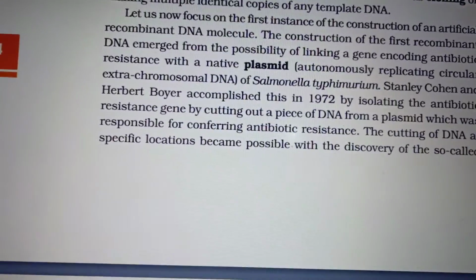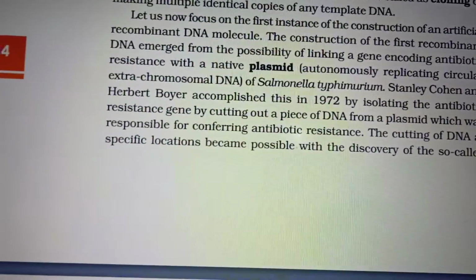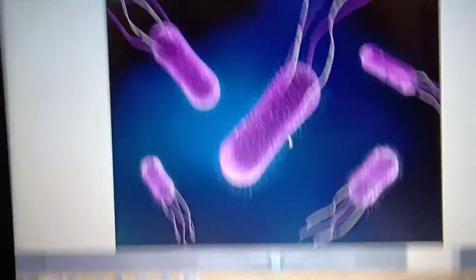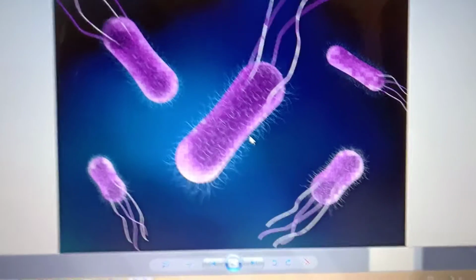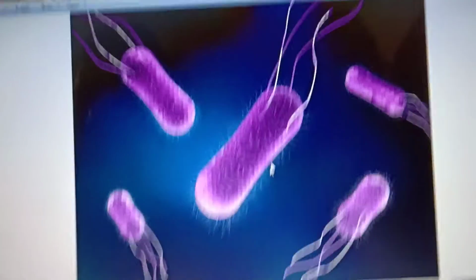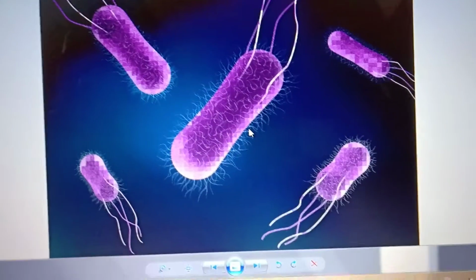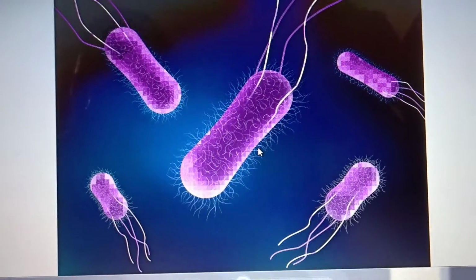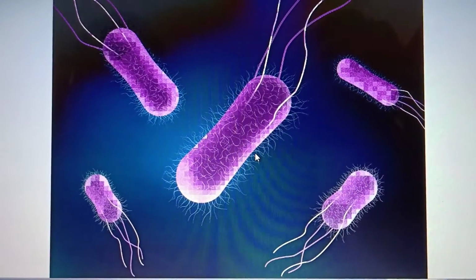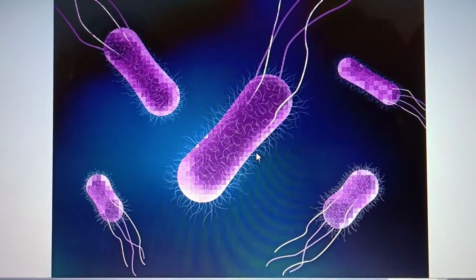This native plasmid was from Salmonella typhimurium, which is also a bacterium. This is a diagram of Salmonella typhimurium, the bacterium whose native plasmid was linked with the antibiotic resistance gene.